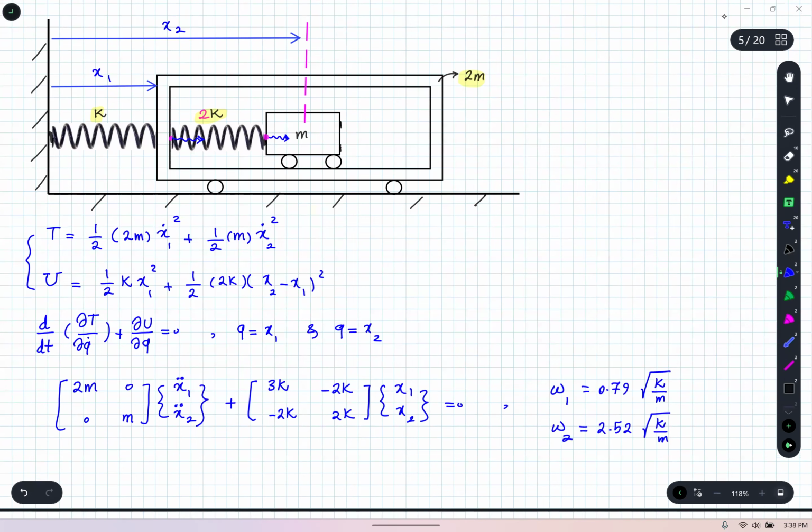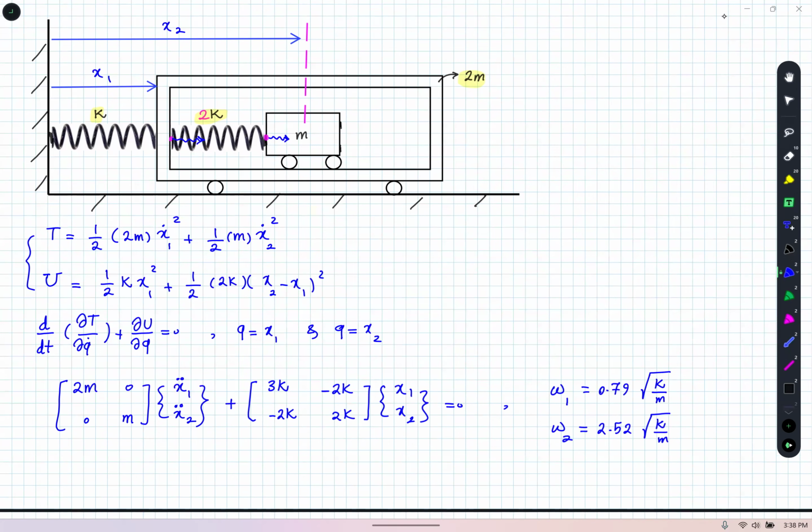And for the mode shapes, by mode shapes I mean actually the ratio of x1 to x2. For the first mode, I got 1.15.